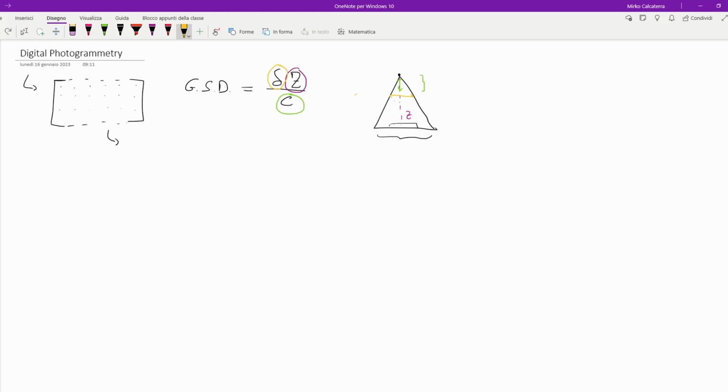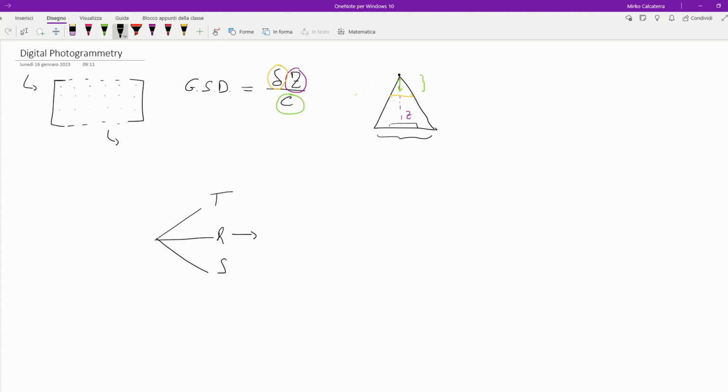So let's continue. Now I want to go in depth on the resolution. There are three kinds of possible resolution: the temporal resolution, the radiometric resolution, and the spectral resolution. I start with the radiometric resolution, which is due to the energy that is absorbed by the object.